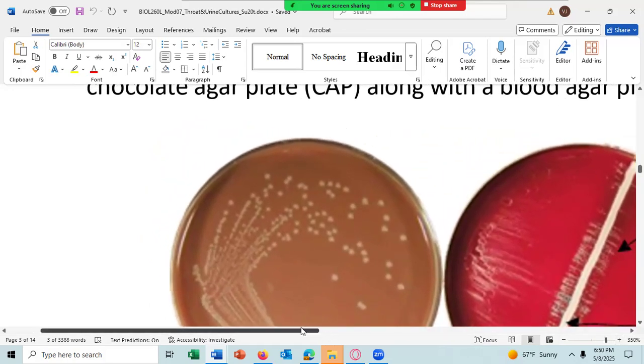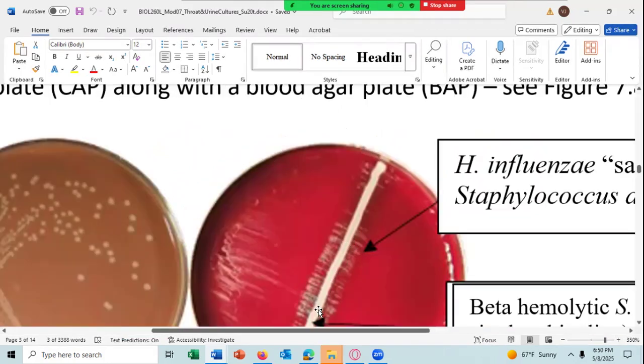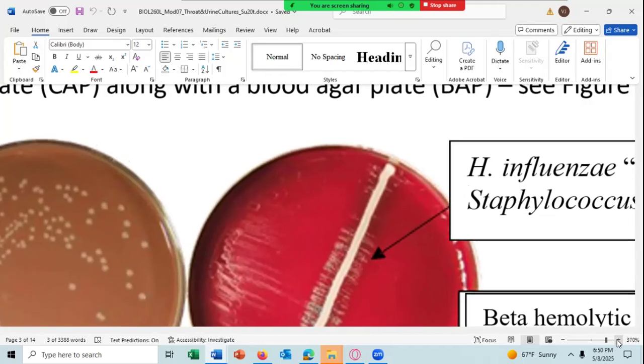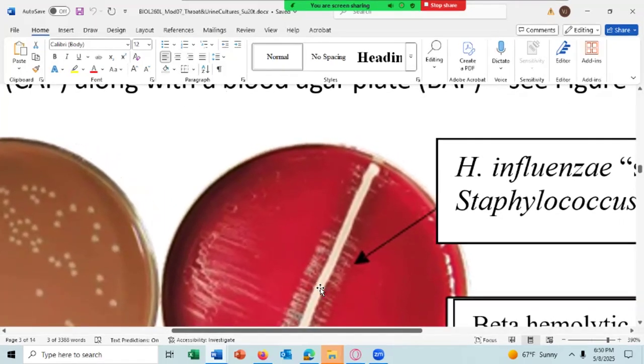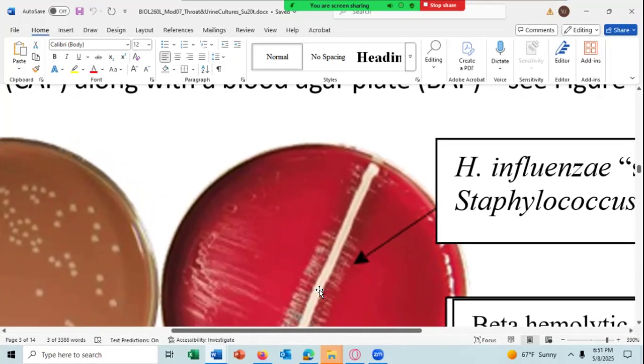There we go. Hopefully you can see that now. See that thin white line running down the middle of this streak? That is from the streak of Staphylococcus aureus. And then the clearness, the white region around that streak, is from the complete hemolysis of the red blood cells around the Staphylococcus aureus.